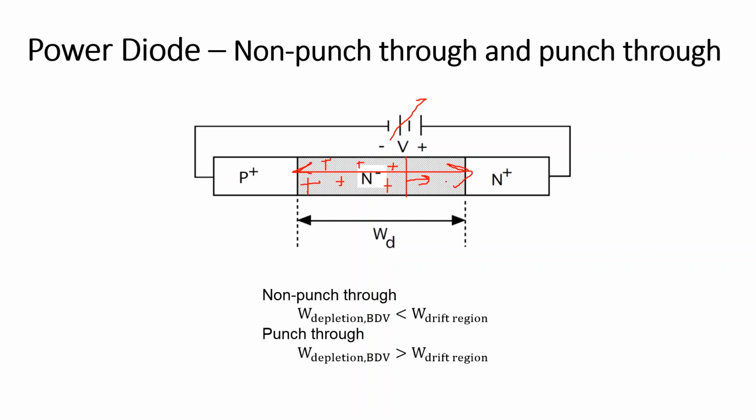Now if you want to accommodate this depletion region inside this drift region, that is, if you want your diode to be non-punch through, then you have to make the n minus region longer. This is simple. If you have a longer n minus region, a larger depletion layer width can be adjusted inside this.